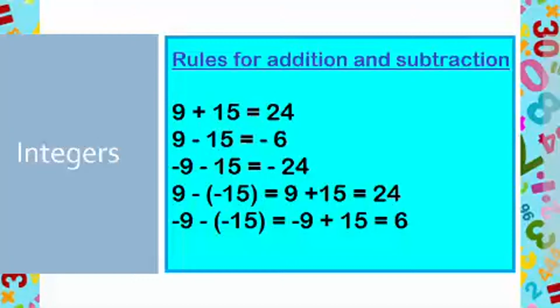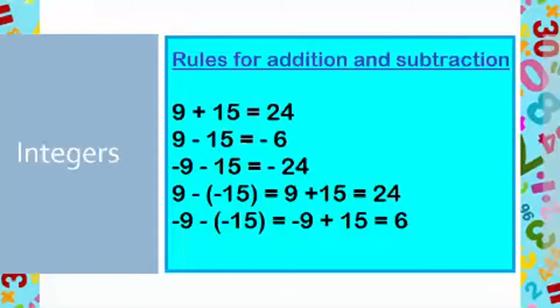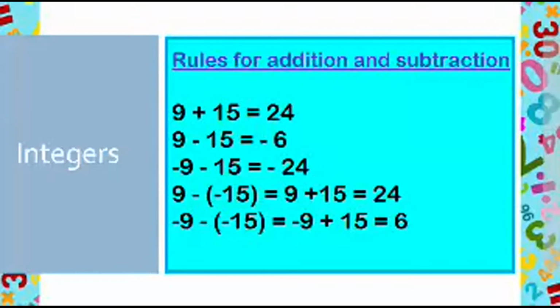The third rule of integers is where both the numbers are negative. In that case, we add the integers and give a negative sign to the result. Then, when the first integer is positive and from it we subtract a negative integer, because there are two negative signs next to each other, they make it positive, and the final answer comes out positive.